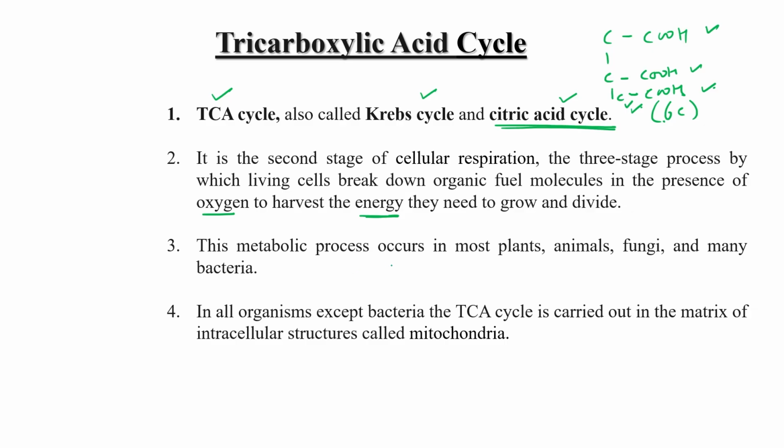This metabolic process occurs in most plants, animals, fungi and bacteria. In all organisms except bacteria, the TCA cycle is carried out in the matrix of the mitochondria, an intracellular structure.